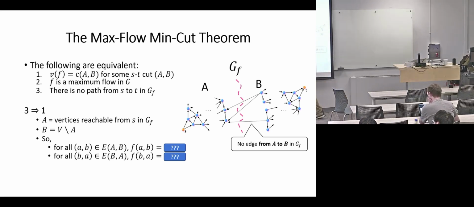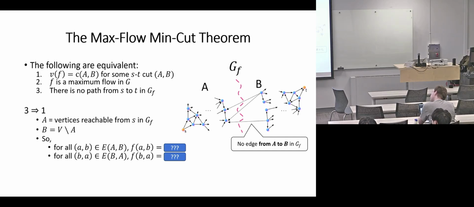So suppose that there is no path from S to T in the residual graph. Like David said, there is no path from S to T, then there is basically a cut. How? I define A to be all nodes that are reachable from S in the residual graph.